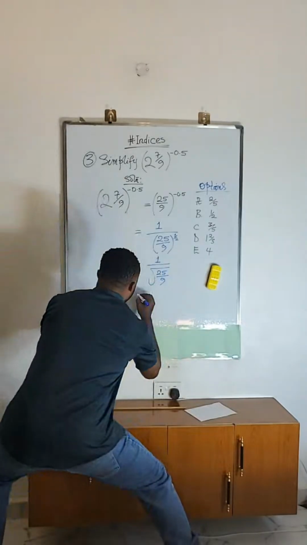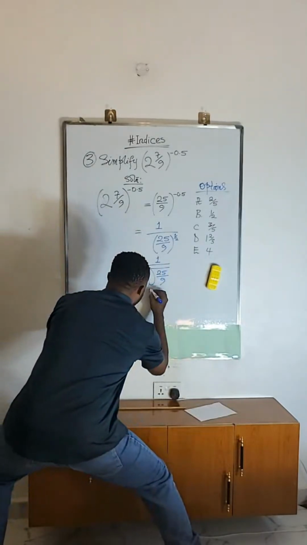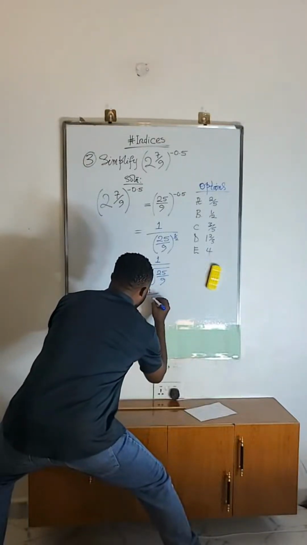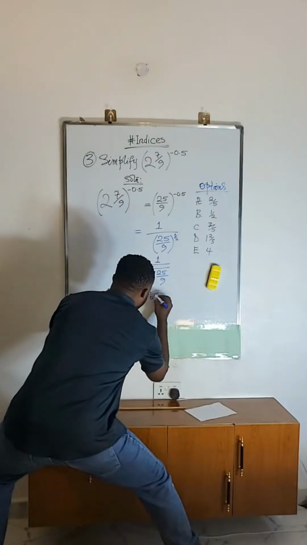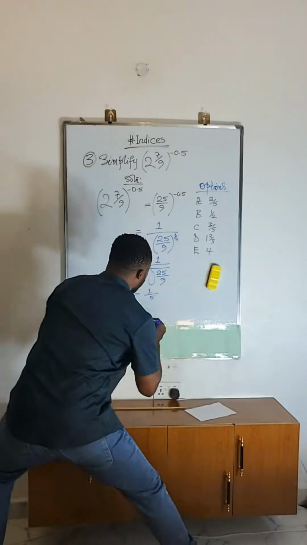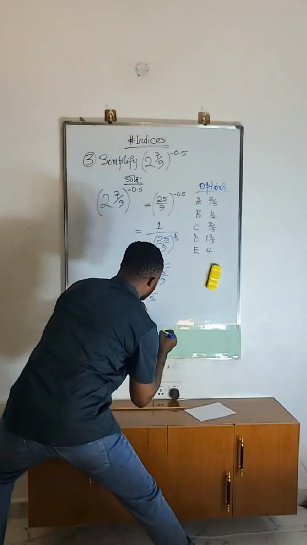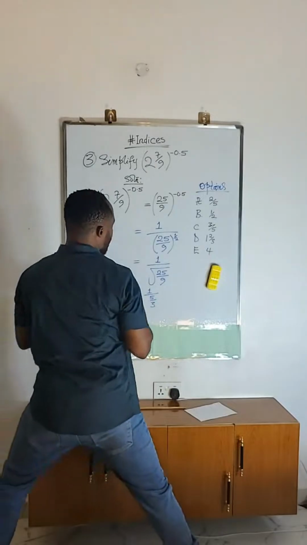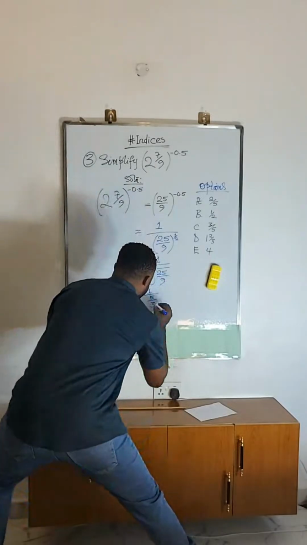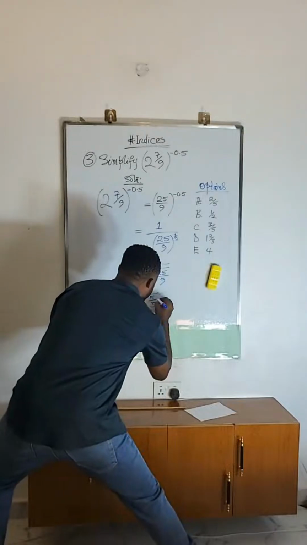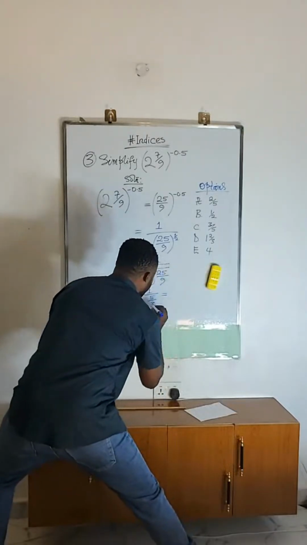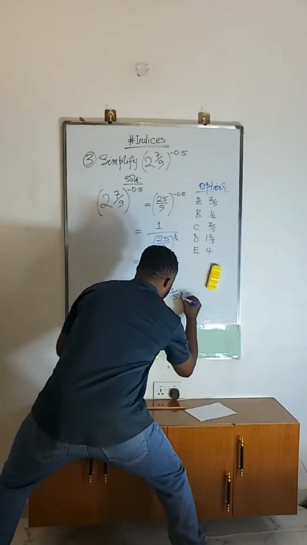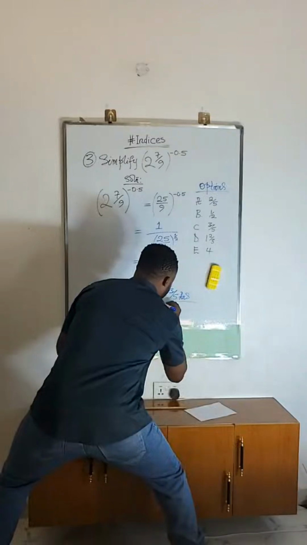Okay, and in the next step, we are going to have 1 over 5 over 3, because square root of 25 is 5 and square root of 9 is 3. Then if you go further, you will see that this is the same thing as 3 over 5. This becomes the answer.